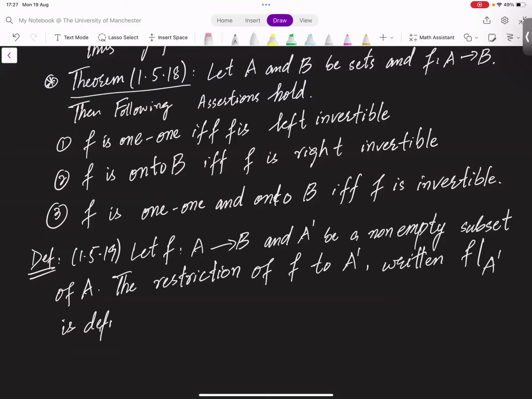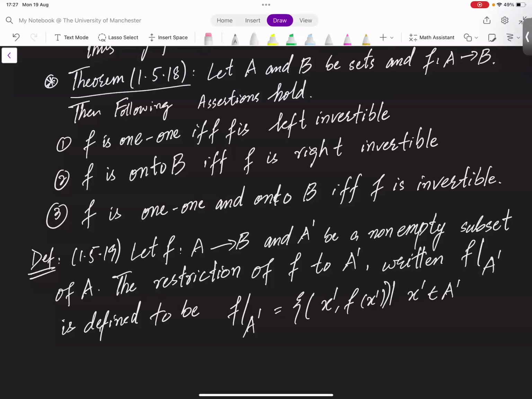the function with f restricted to A prime of x prime equal to f of x prime, given that x prime is in A prime.